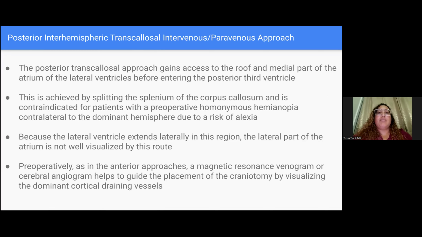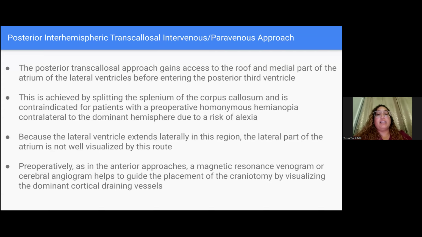Now, this is achieved by splitting the splenium of the corpus callosum and is contraindicated in patients with preoperative hemianopia contralateral to the dominant hemisphere due to the risk of alexia. It's alexia, excuse me. Now, because of the lateral ventricle extending laterally in this region, the lateral part of the atrium is not well visualized by this route.